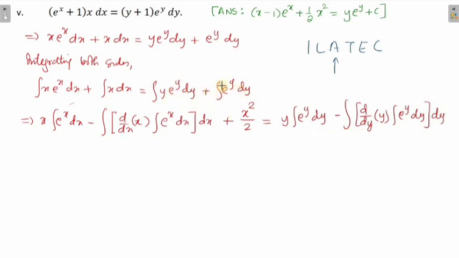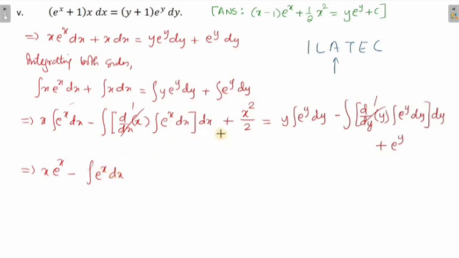Now what is the integration of e to the power y? It will be e to the power y only. Let's simplify this then. It is x e to the power x minus, this becomes 1, similarly this also becomes 1. So integral e to the power x is e to the power x.